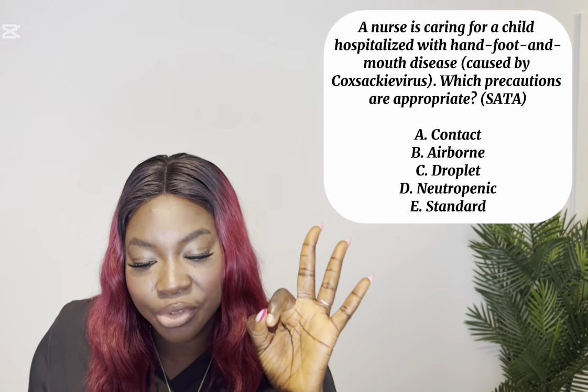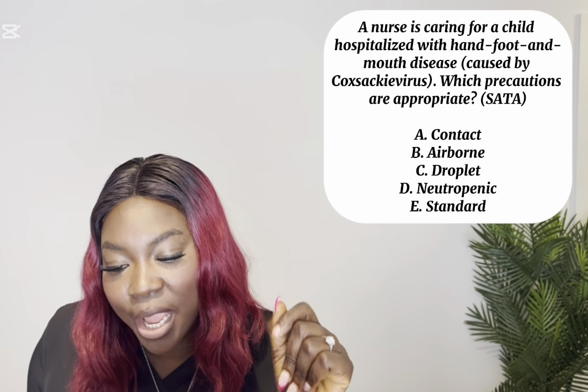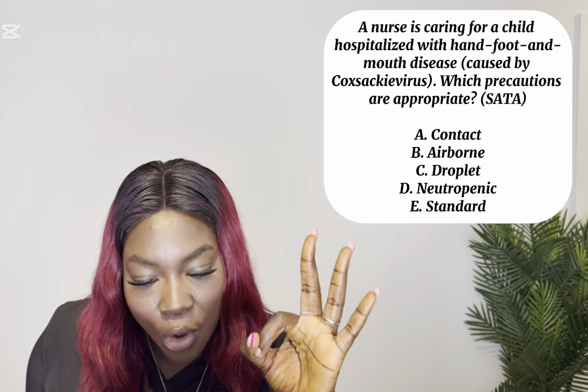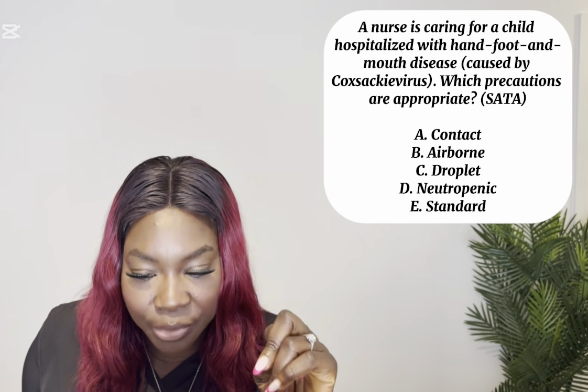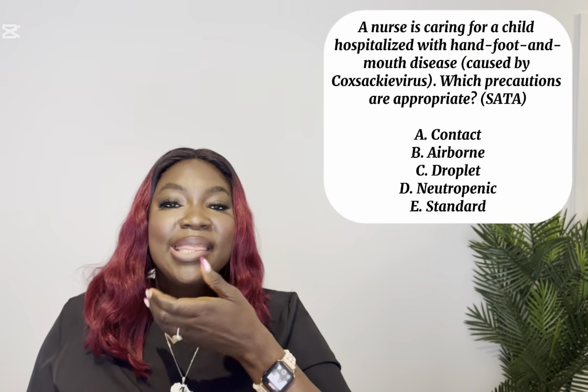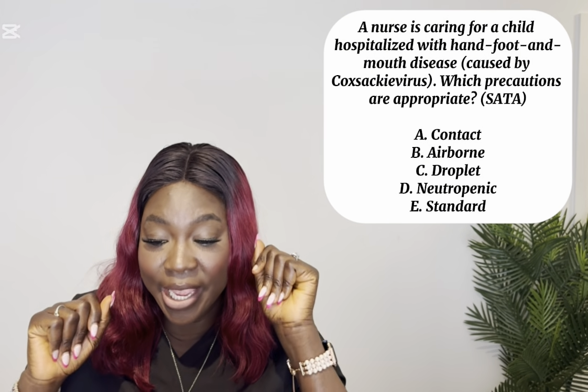Okay, let's go. A nurse is caring for a child hospitalized with hand, foot, and mouth disease caused by Coxsackie virus. Which precautions are appropriate? When your patients have hand, foot, and mouth disease, they have sores around the mouth, they can have blisters on the hands and feet, right?